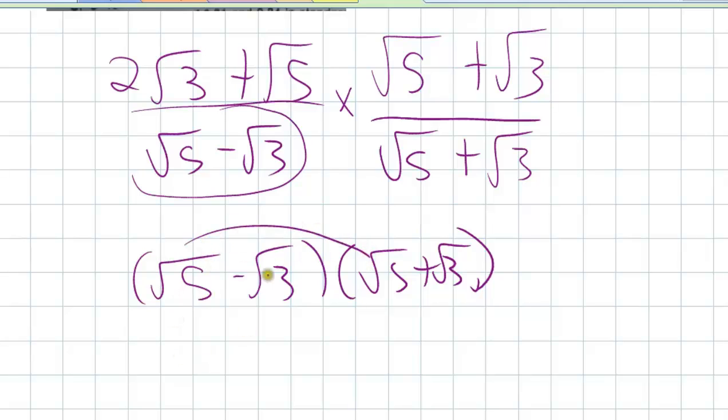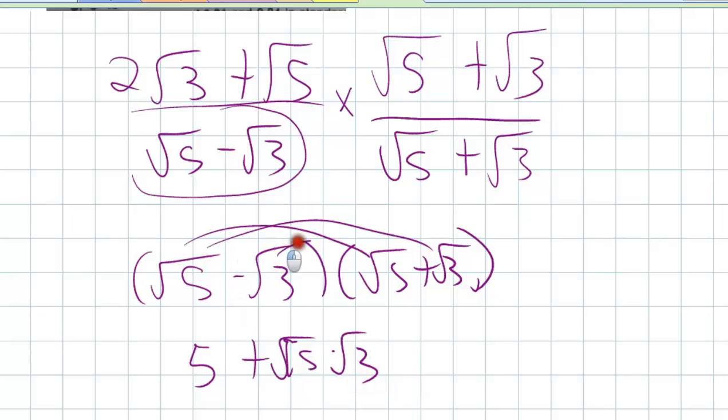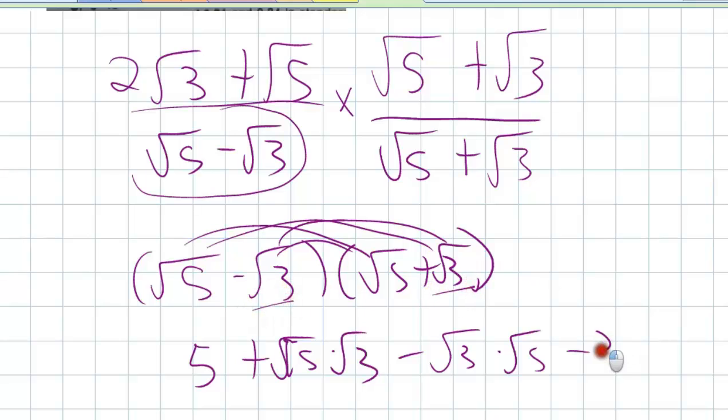So just working our way over. Here's our first one. The square root of 5 times the square root of 5 is just 5, right? And we keep going. Plus square root of 5 times the square root of 3, and then minus the square root of 3 times the square root of 5, and then minus the square root of 3 times the square root of 3 is just 3.